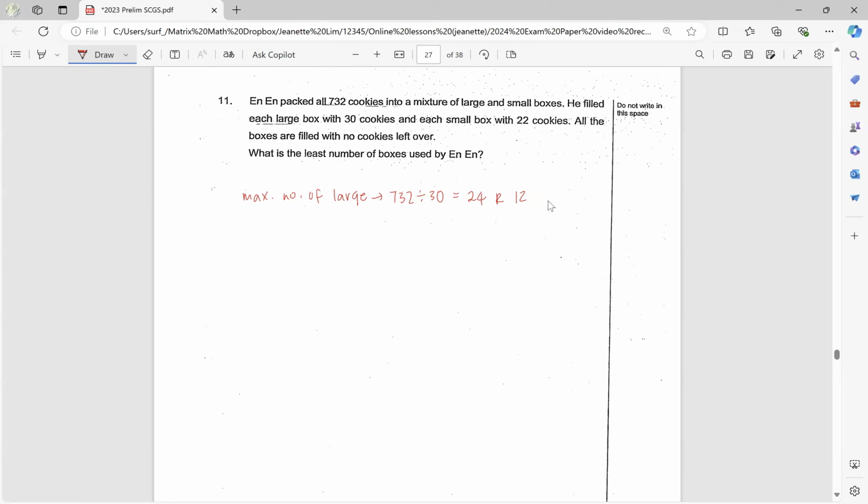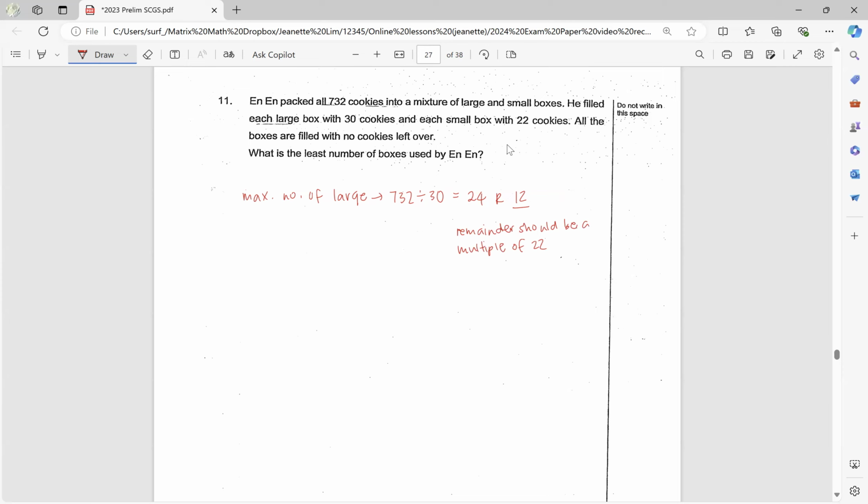So this remainder, having to fit into the small boxes, must be a multiple of 22 in order to fit nicely into the small boxes.